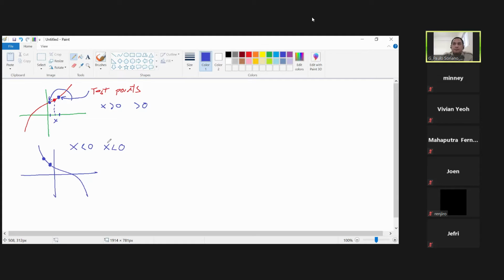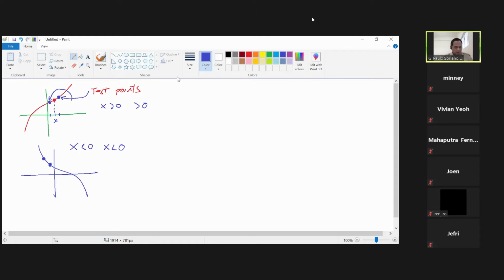Instead of graphing, as we said, you can test if it is an increasing or decreasing function using your first derivative. You can find the definition of the first derivative test in your textbook. Okay, what page is that? On page 50.